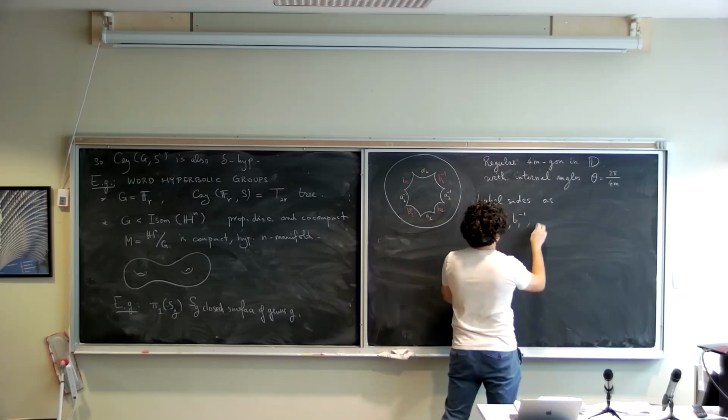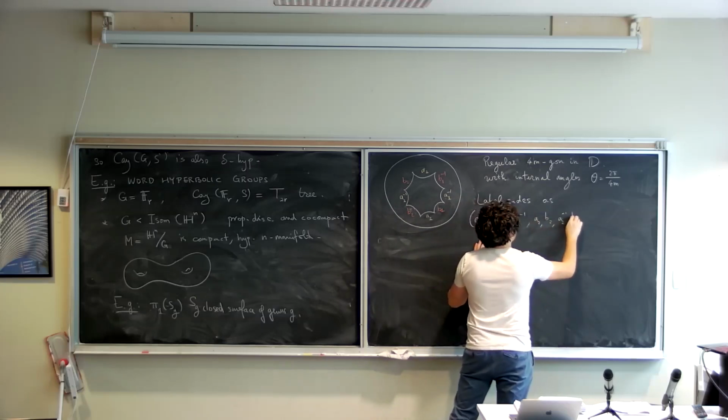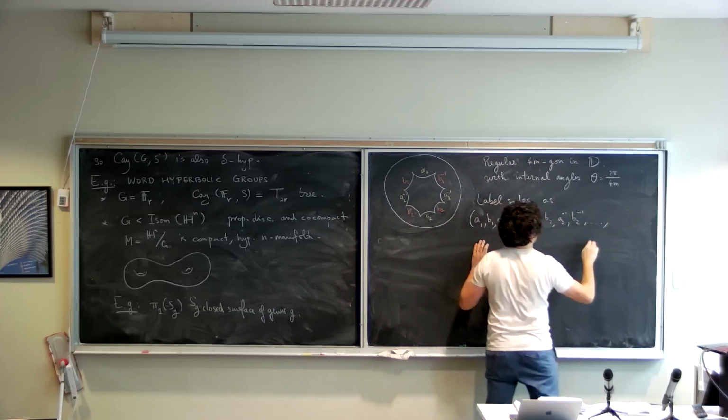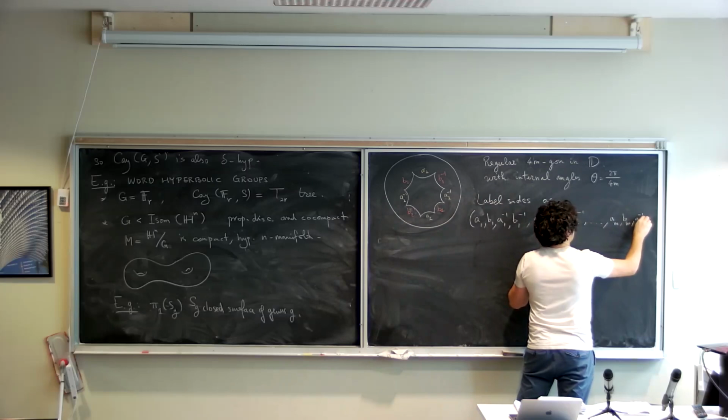Then we change the index: A2, B2, A2 inverse, B2 inverse, and so forth, up to AM, BM, AM inverse, BM inverse.